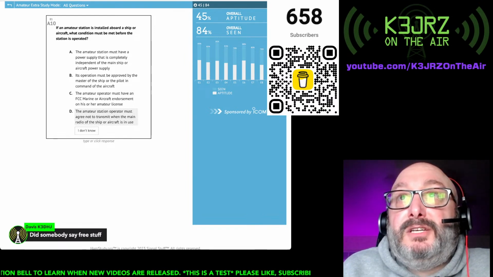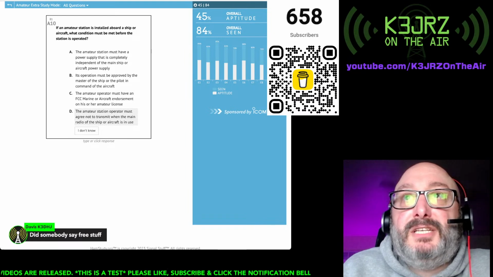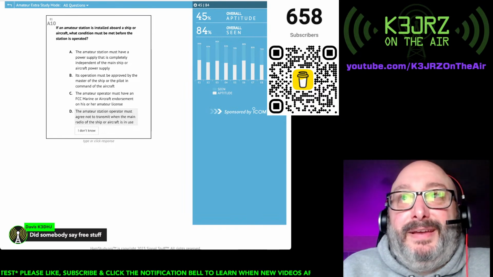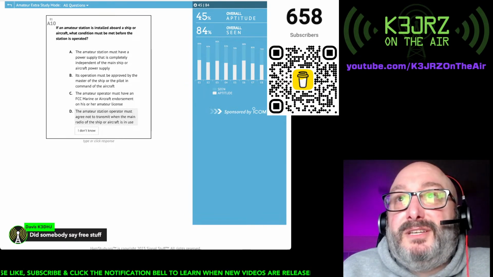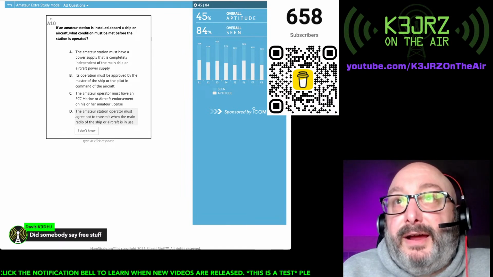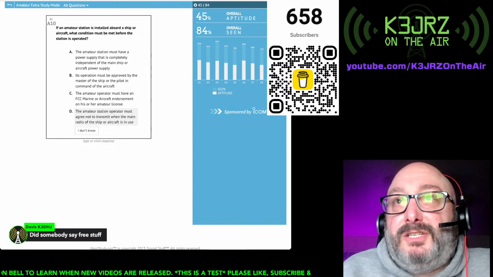An amateur radio station is installed aboard a ship or aircraft. What condition must be met before the station is operated? The operation must have a power supply that's completely independent. The operation must be approved by the master of the ship or the pilot of the command aircraft. Amateur operator must be FCC Marine endorsed.